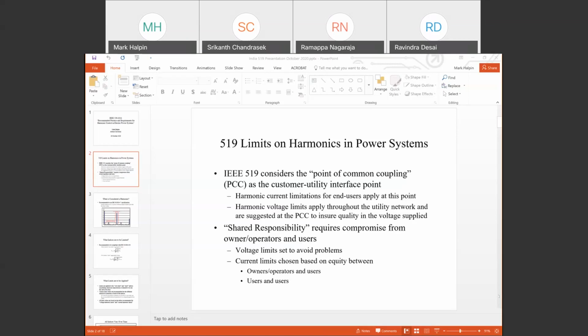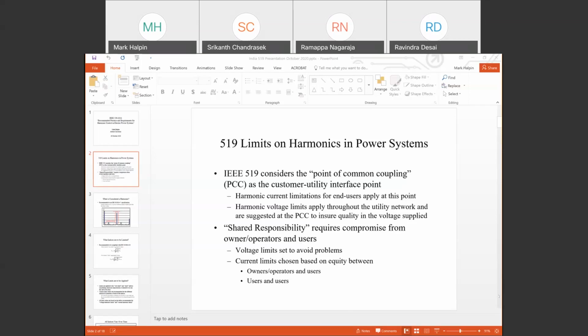And we tend to assign these limits to end users based on what we call an equitable allocation process. What that means is we want to allow users who are larger to potentially contribute a greater portion of the overall distortion. The reason is that larger users tend to pay more money, and the utility supply infrastructure system is paid for by these users.